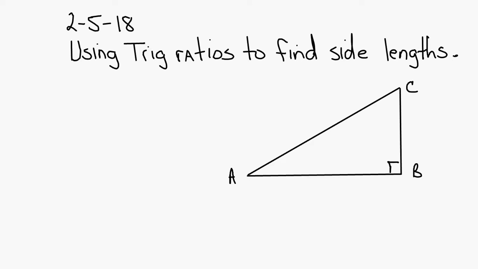The right angle is at B and angle A is 41 degrees. You are given side CB and it's 6.1. And you're asked to find AB. Side AB.